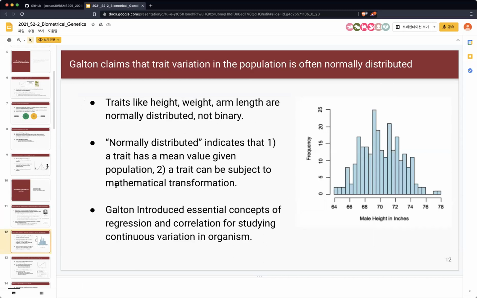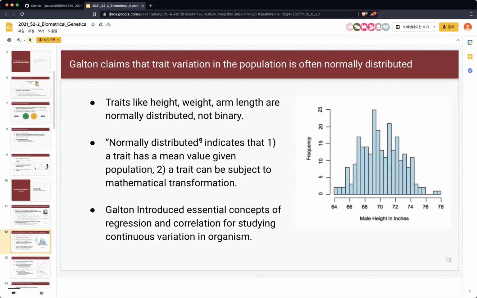Okay, so what Galton saw in trait variation is that traits like height, weight, or even arm length are normally distributed, not binary, right? So this is a contradictory point to Mendel's idea, right? And he thought the traits are normally distributed, and this normal distribution indicates that the traits have a mean value within a population, right?